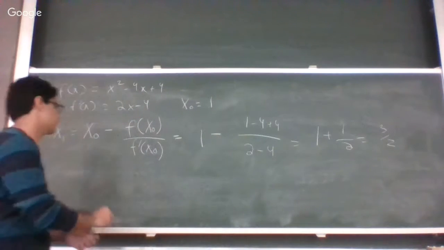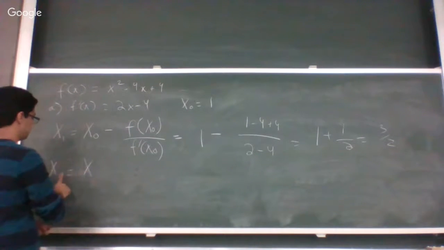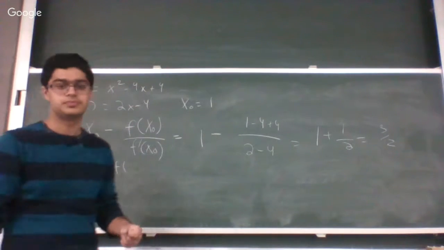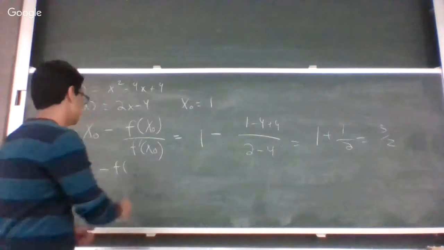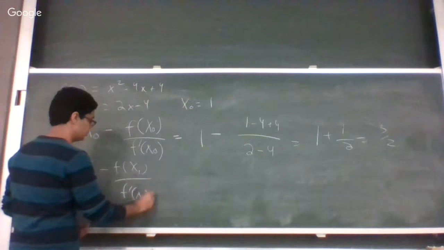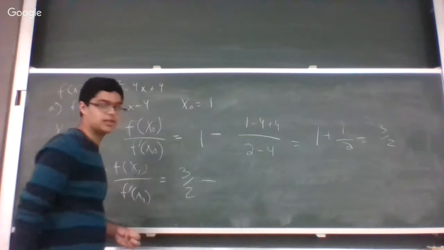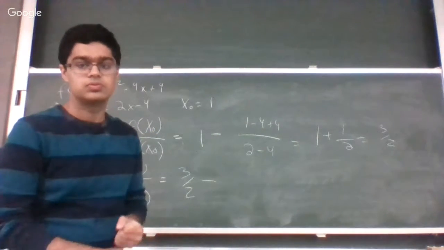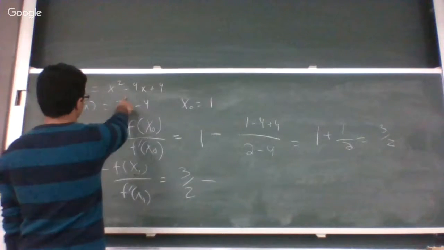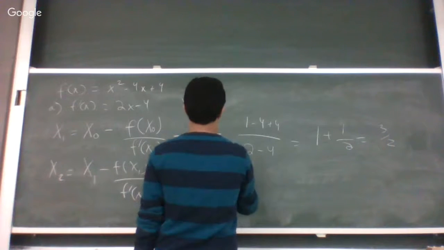And then for x2, that would be x1 minus f of x1 over f prime of x1, which is 3 halves minus, plugging 3 halves into that original, 9/4.